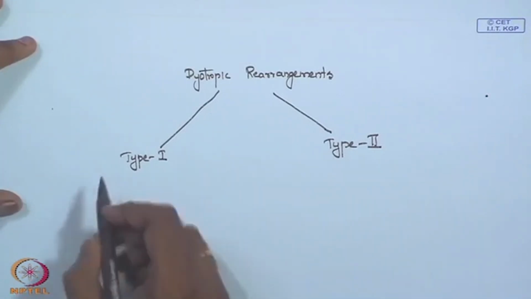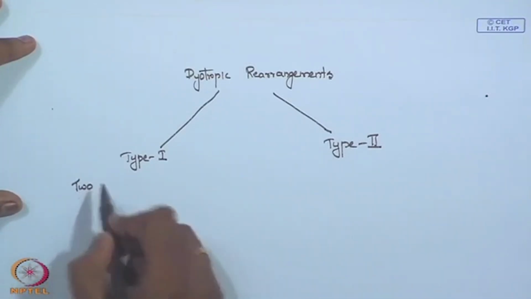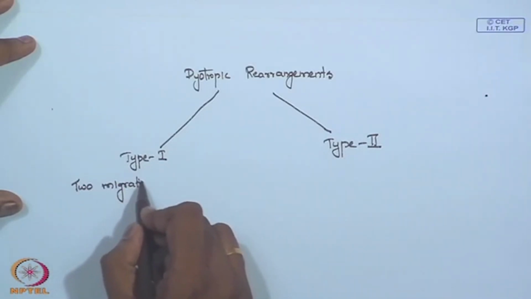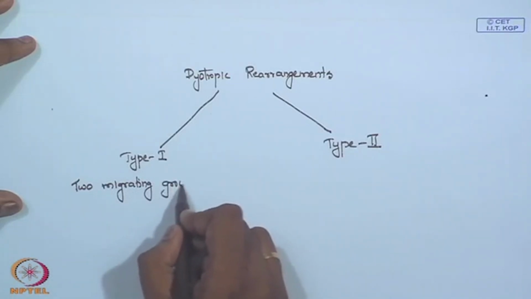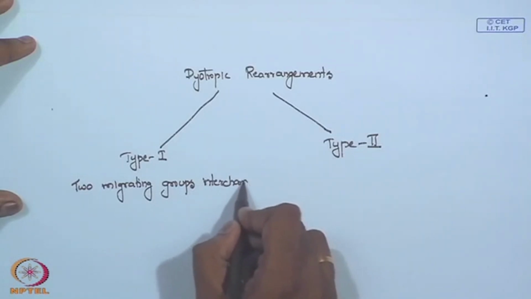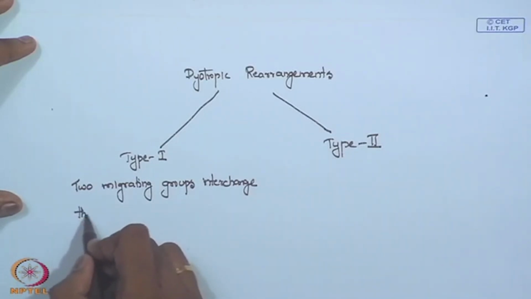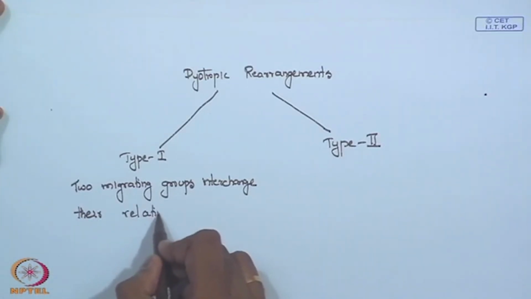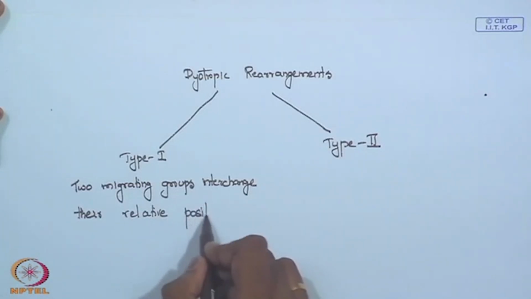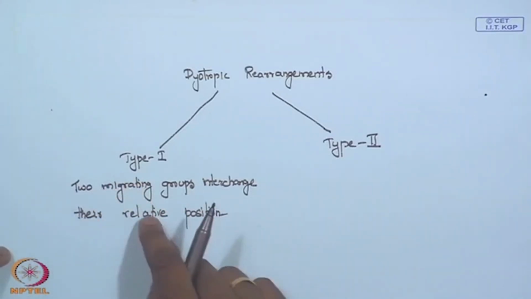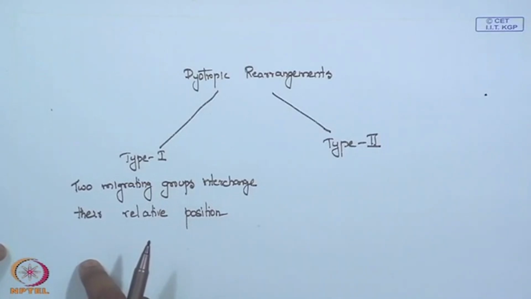So, in type 1, what happens? Two migrating groups interchange their relative position. They fall under type 1 of your diatropic rearrangements.